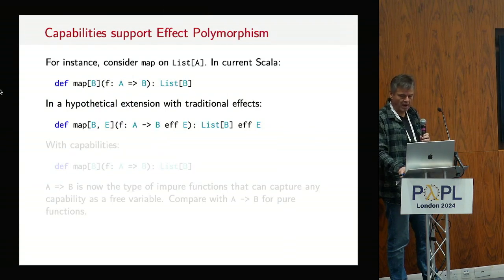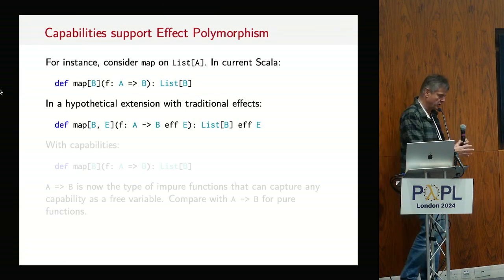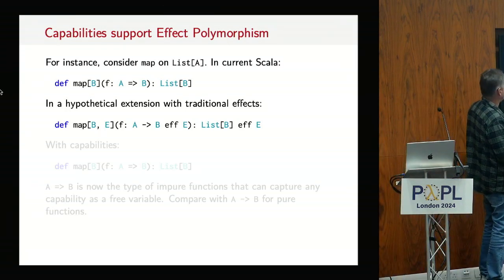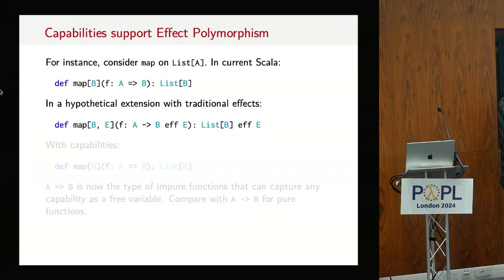Okay, so why should I bother? Why does it matter to go from effects to capabilities? Well, it matters for effect polymorphism, and the standard example of effect polymorphism is the map function.